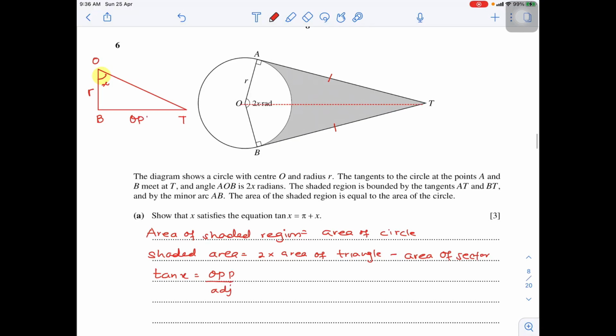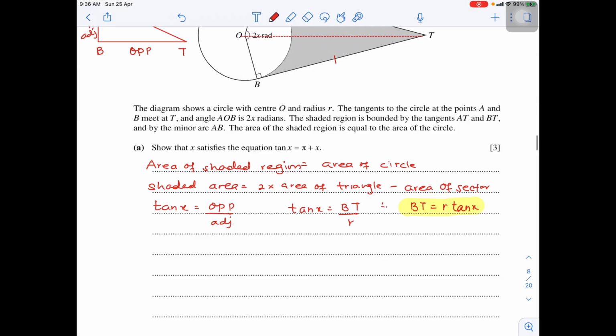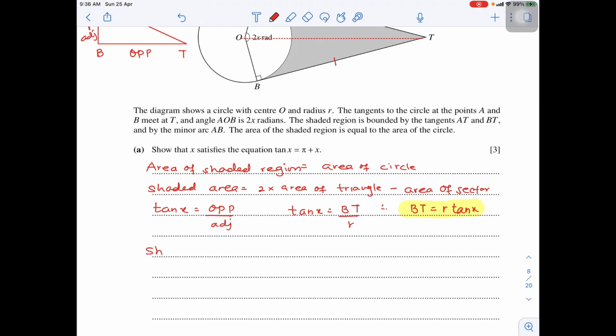Now using this triangle, tan x is opposite over adjacent. So that's opposite and that's adjacent. So tan x is BT over r. So I can say BT equals r tan x. I should underline that. I'm highlighting it.